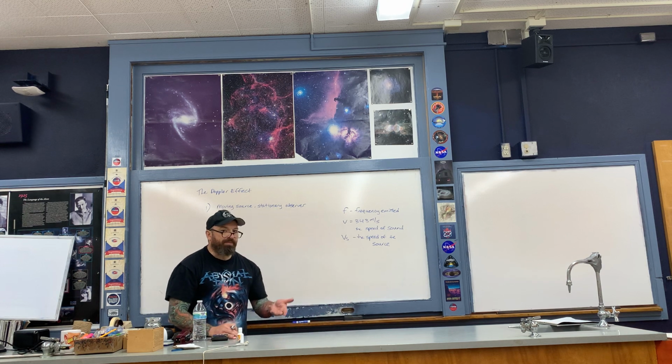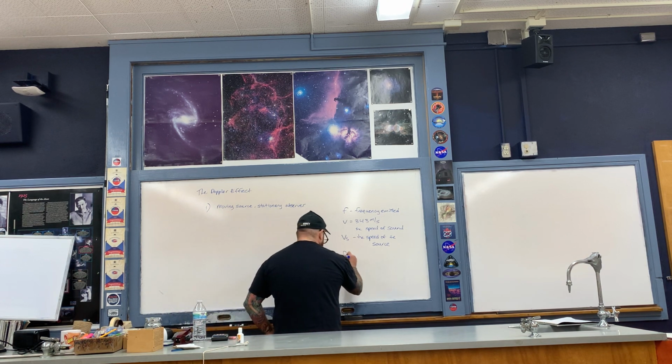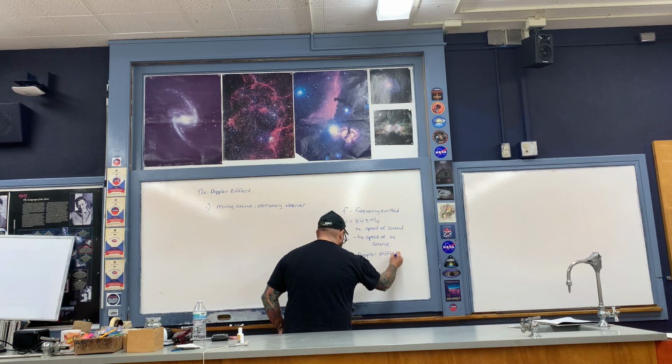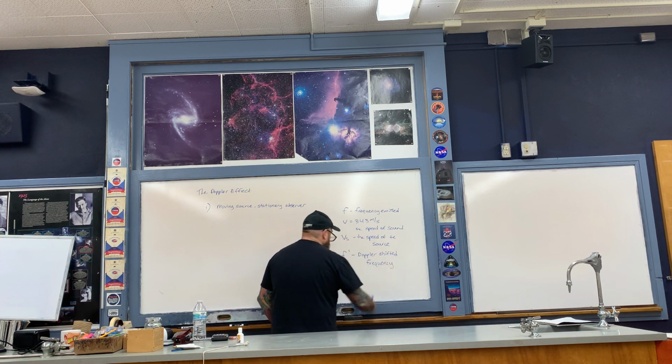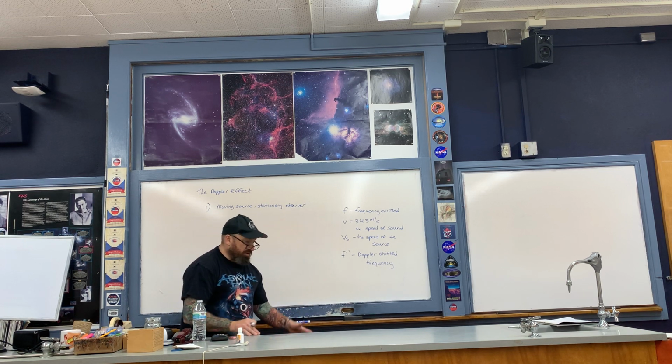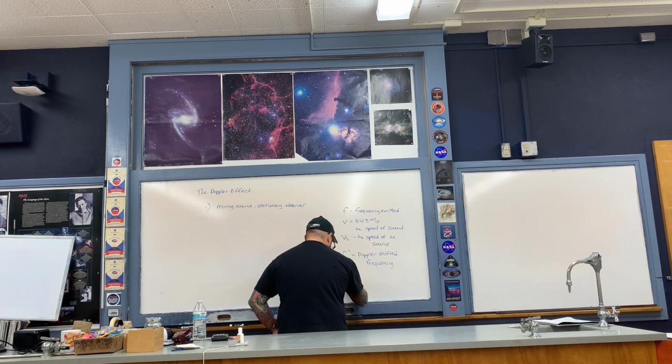Then we have the Doppler shifted frequency, what it is that we're trying to determine. This is referred to as F prime. This is what's actually heard. And a little bit later on, we're also going to have the speed of the observer. That's referred to as V sub O.